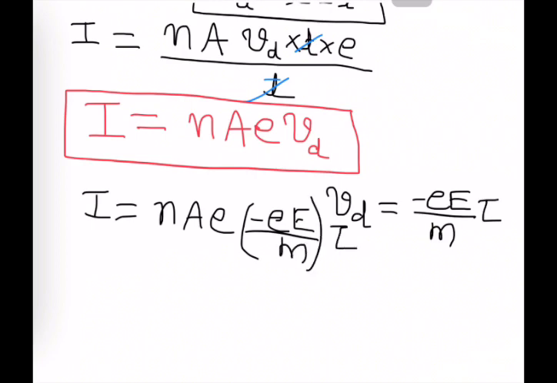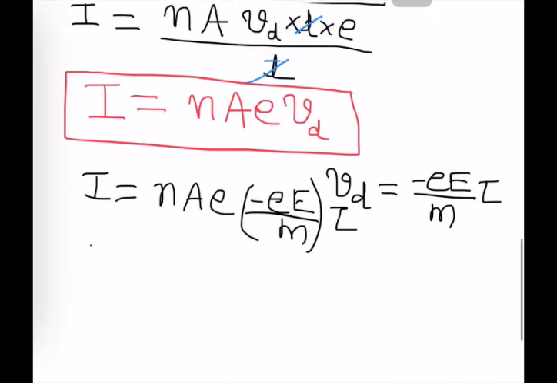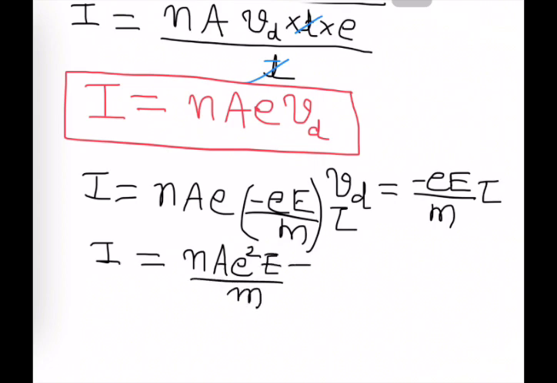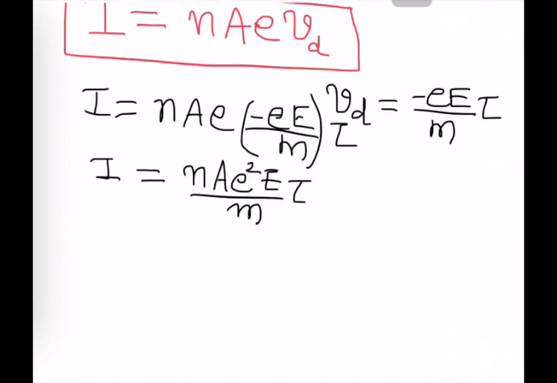Let's simplify this equation and put it in a proper form. It is nAe square E by m into tau. Now we have already learned that the electric field is the potential difference across the conductor divided by the length of the conductor.